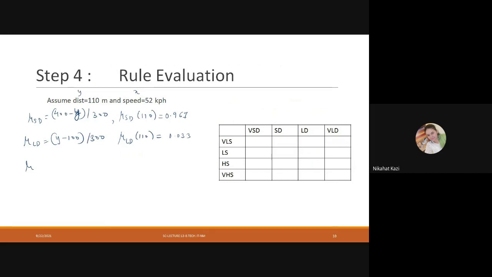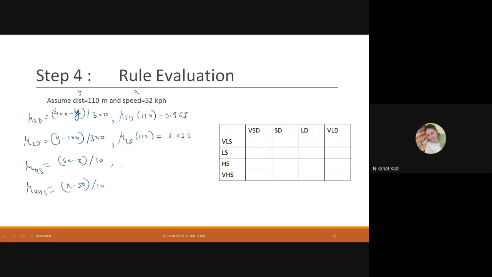High speed is 60 minus x divided by 10, and very high speed is x minus 50 divided by 10. These are the equations.